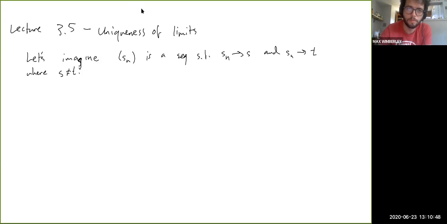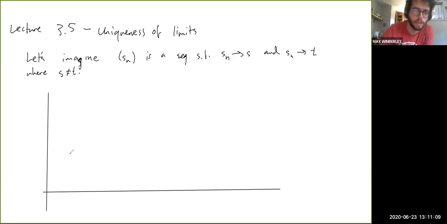So let's imagine plotting our sequence here. I'm going to pretend, for the sake of making this picture simpler, that the sequence is all positive, but obviously you could draw a similarly good picture for a sequence where some of the values were negative. It doesn't matter.